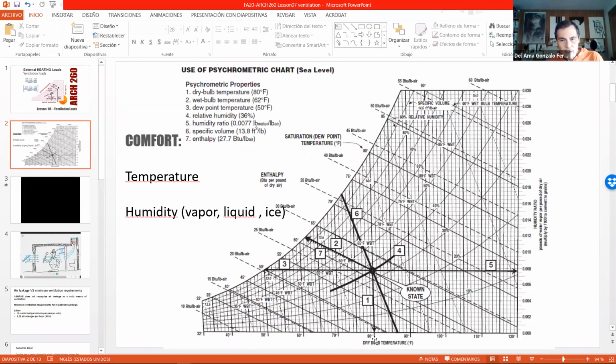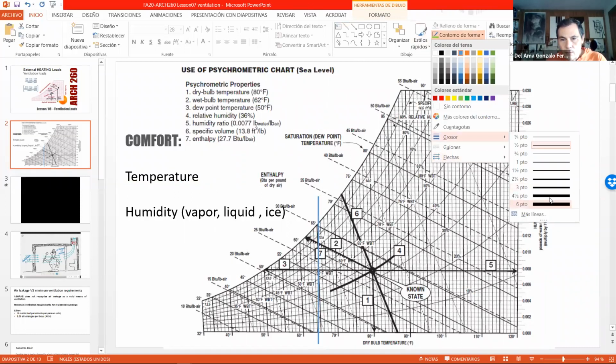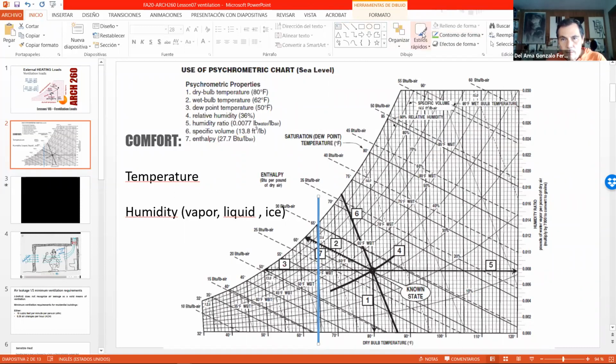Okay, so dry bulb temperature, comfort temperature, I told you before that it's between 68 and 70 Fahrenheit. Okay, so the comfort, this is 60, so this is 65, that's 68. So I'm highlighting this.